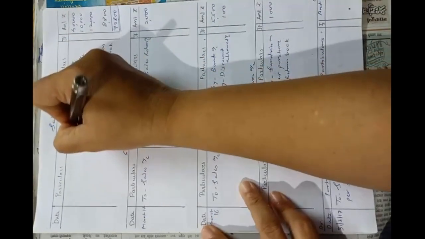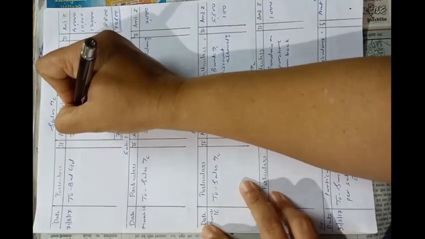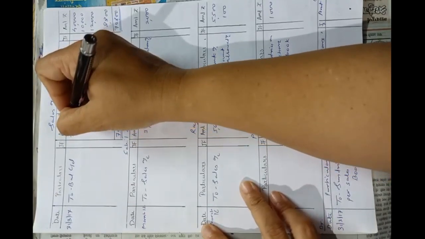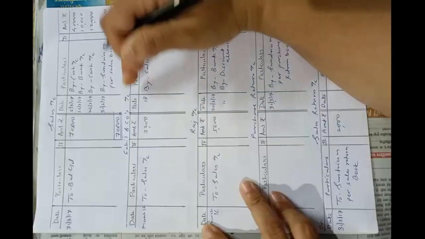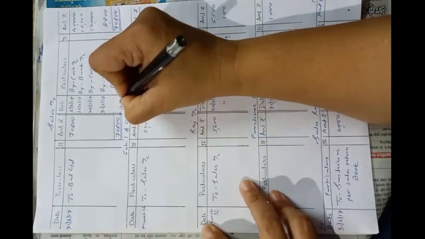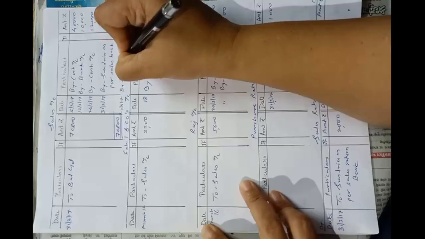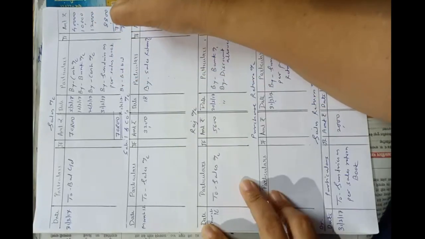So balance will be 70,800 on 31st March 17. To balance carried down 70,800. Okay, and below the total opposite side on 1st April 17 by balance brought down 70,800.